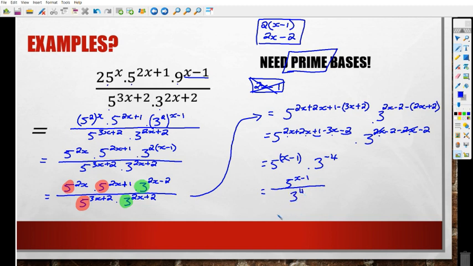We can simplify 3 to the power of 4: 5 to the x minus 1 stays, and 3 to the power of 4 is 81. Cool, I hope this is making sense to you guys.